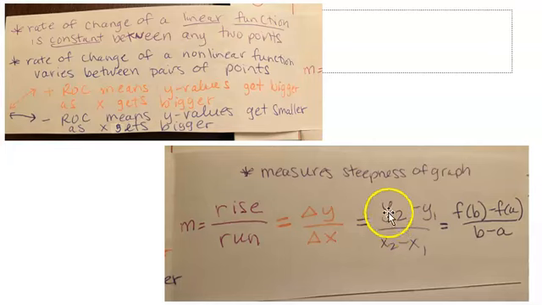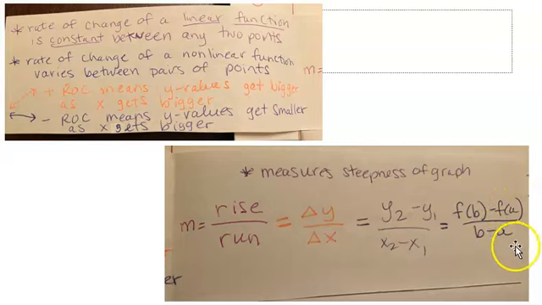Now, since y can also be represented by f of x in function notation, we can change this slightly from your Algebra 1 to Algebra 2 class so that it has the function notation that's being used instead. So please remember, f of x is the same thing as y.